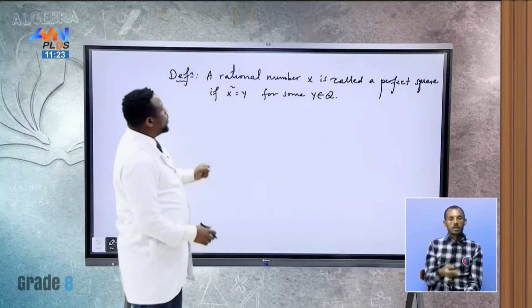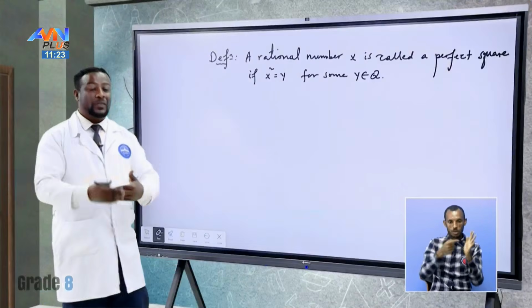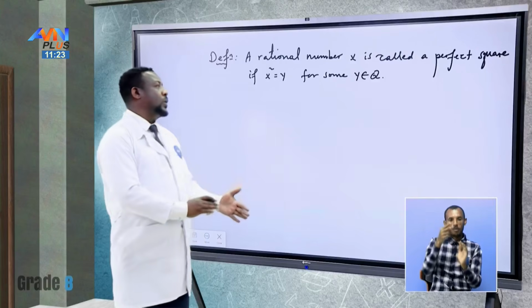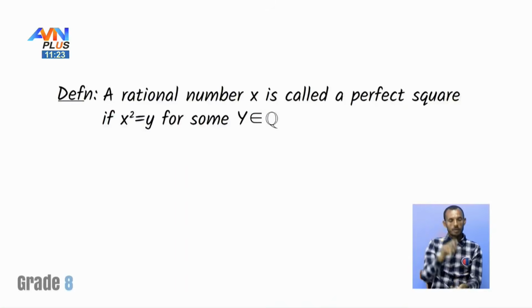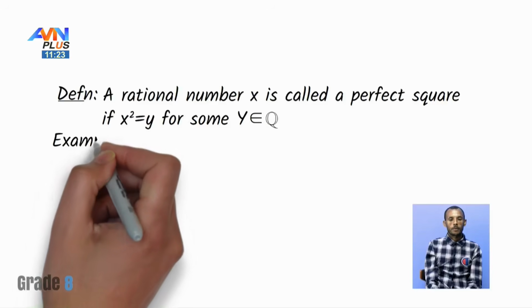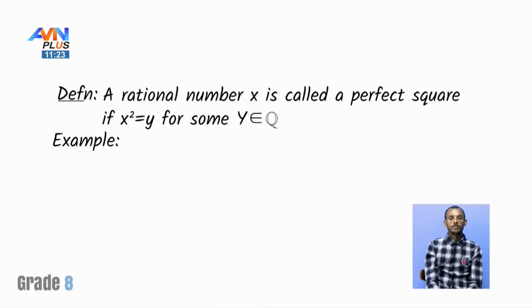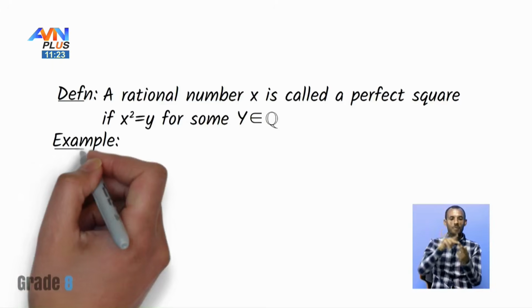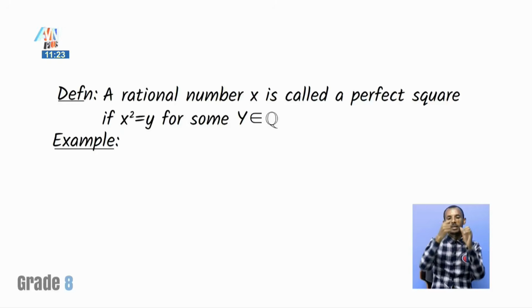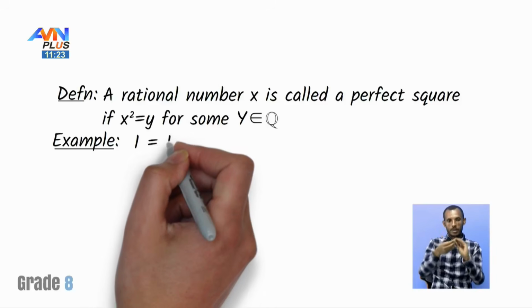Good. So based on this definition, I will try to show you some examples of a perfect square. The first example: one is a perfect square because it can be written as a product of a certain rational number, that rational number is 1 times 1.